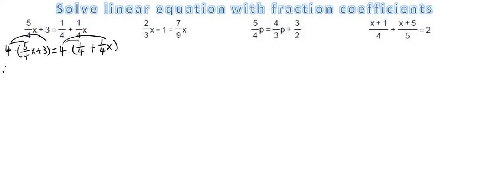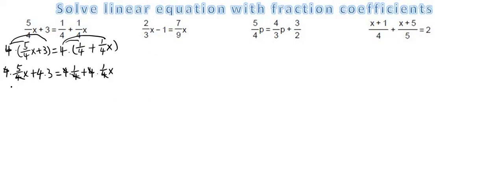So we have 4 times 5 over 4x, 4 times 3. And for the right hand side, we have 4 times 1/4, 4 times 1/4 x. Now we can cancel out the 4s.